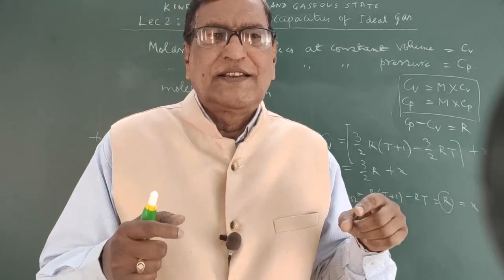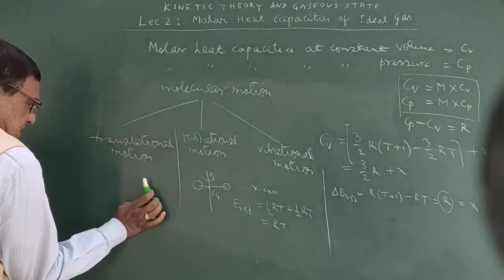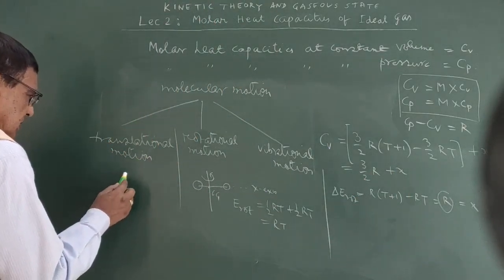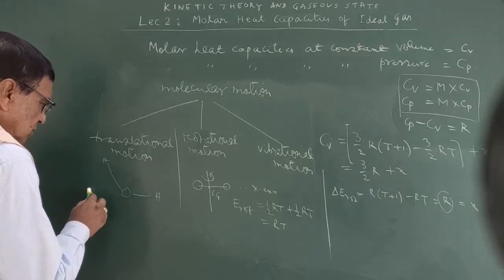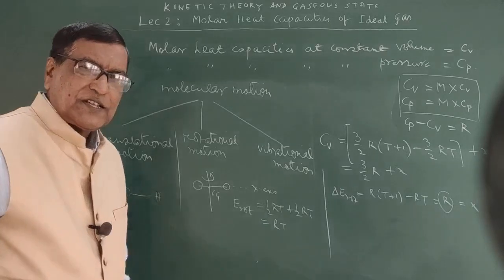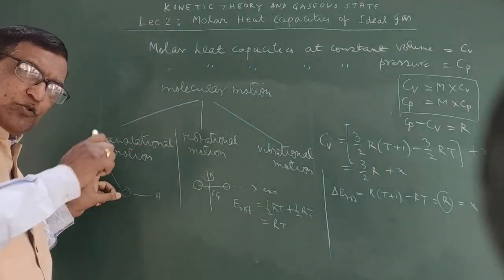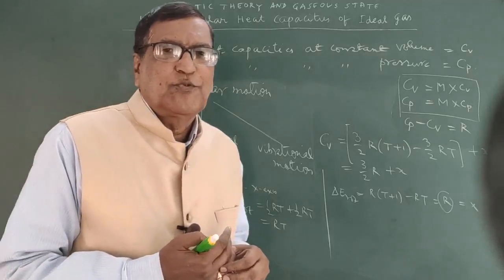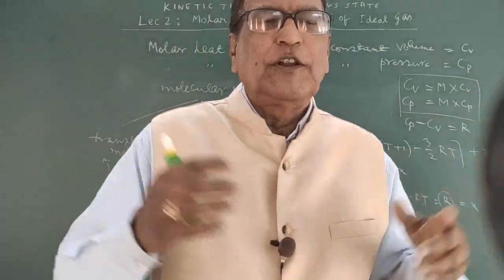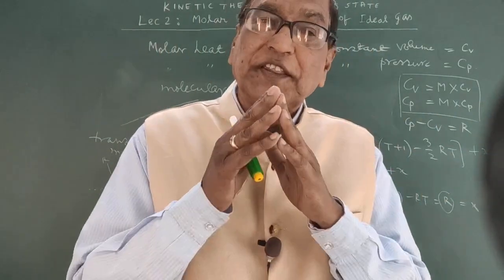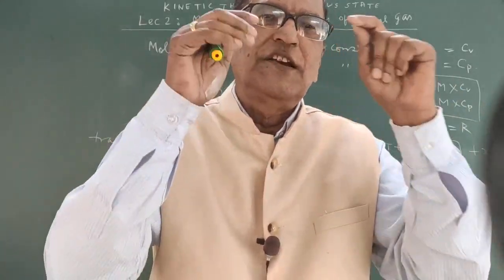Suppose for water, this is H. If this is taken as the bond axis, then while we are rotating along this bond axis, this hydrogen atom will also change space while this water molecule is rotating. So every polyatomic molecule can rotate in 3 independent axes, along the x-axis, the y-axis, and the z-axis.